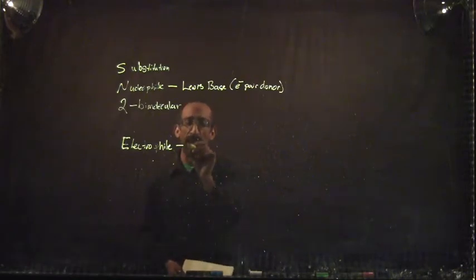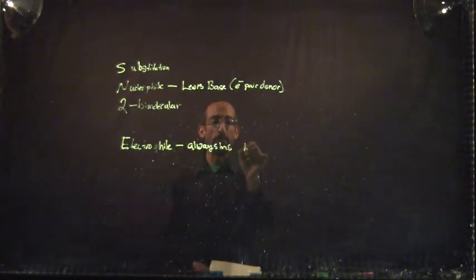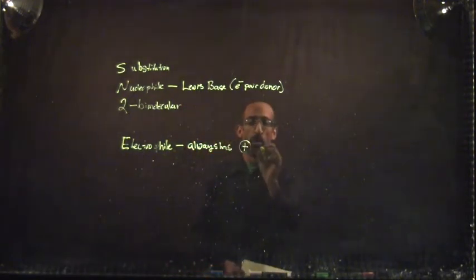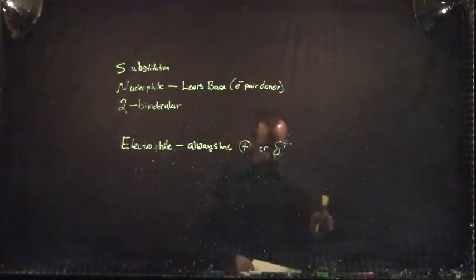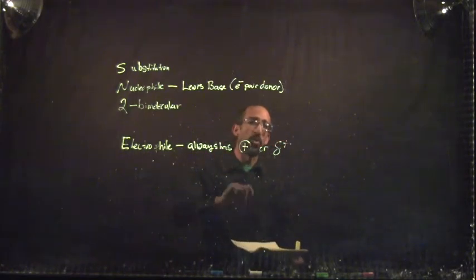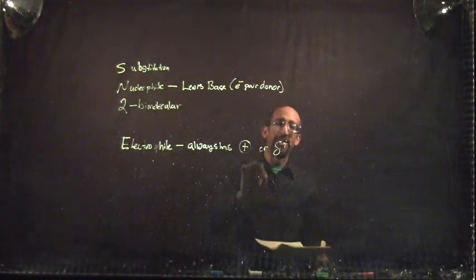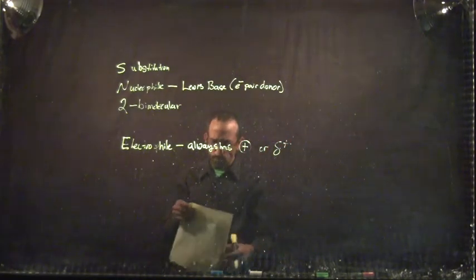They're always going to have either a formal positive charge or a partial positive charge, so one of those two. It's either going to have a formal charge of +1, or there's going to be a polarized bond, and we're going to have a delta plus on some atom in the molecule.